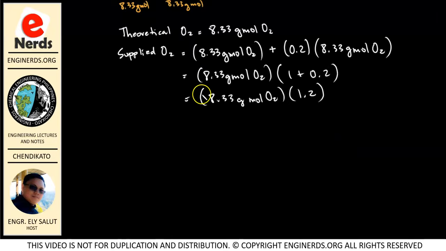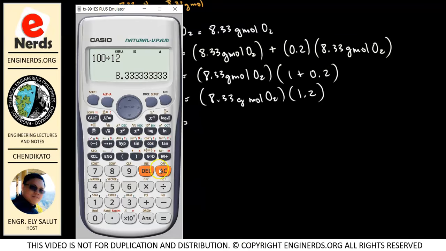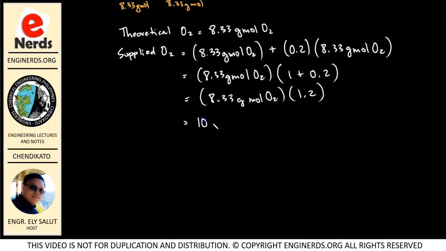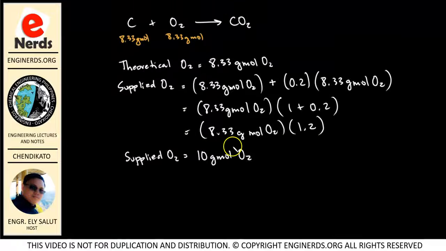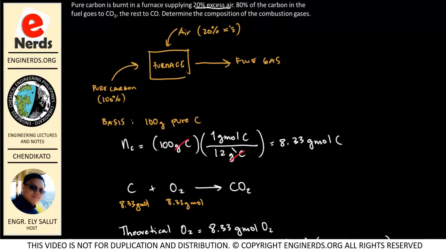So, ilan yung ating supplied O2? Our supplied O2 is 8.33 times 1.2, which is equal to 10. Okay, so we have 10 gram mole of O2. Yan ang ating supplied O2. Okay, so alam na natin yung supplied O2, no? Now, let us first check ano na ba yung mga nasa flue gas natin.